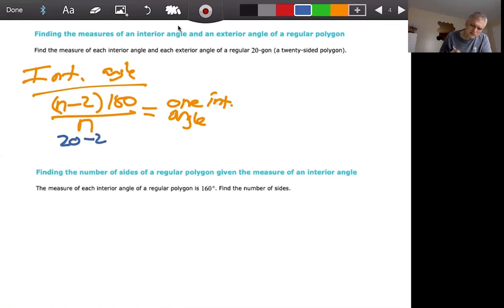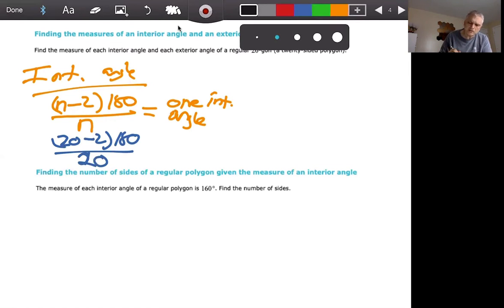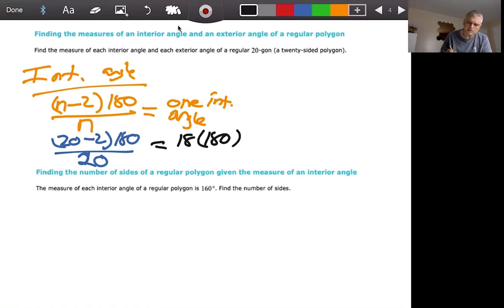So 20 minus 2 times 180 divided by 20. All right, so 20 minus 2 is 18. That's 180 divided by 20.